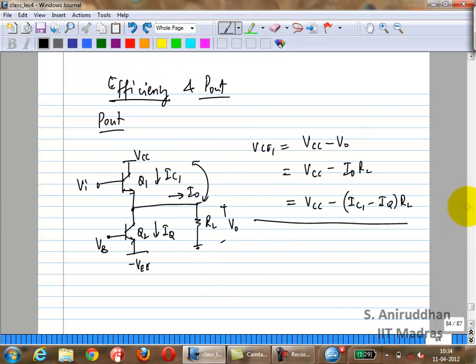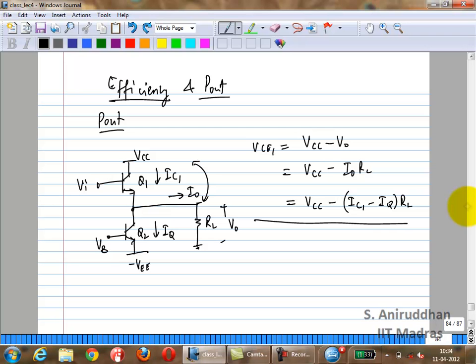Let's go back to this circuit. I am telling you, VCE1 has a peak, goes all the way to 2 VCC. What is I out at that point? Is it maximum or minimum? I out will be minimum, right? When you swing the other way, I out will be maximum.